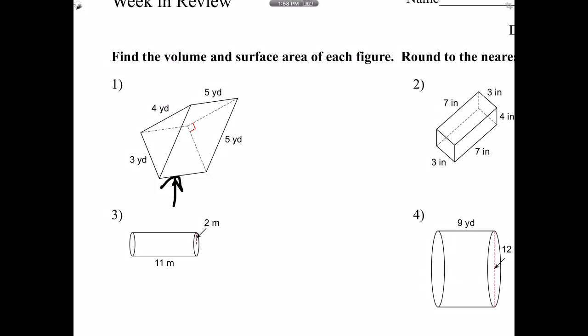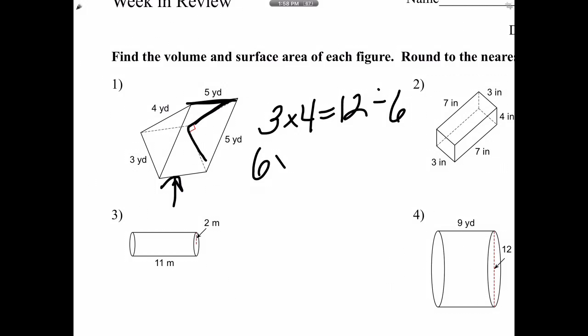So we are going to look at the figure where the right triangle is, and to find the area of the triangle is 1/2 the base times the height, and the base is actually 3, and the height, if you look right there, is 4, which equals 12, and 1/2 of that is going to be 6, and then you would multiply it times the height of the figure, so 6 times 5 equals 30 cubic yards.